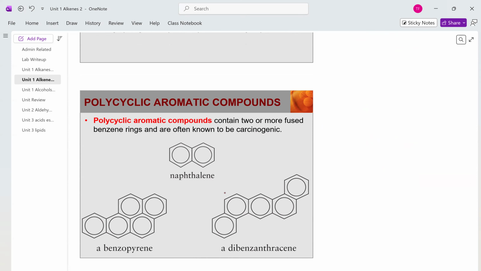Very bad for you. They found out these are carcinogenic because in the Midwest they had chimney sweeps, and they noticed the chimney sweeps were getting cancer more than the average person. And they narrowed it down to these creosote-like compounds formed on the inside of your chimney, and that is very bad for you.